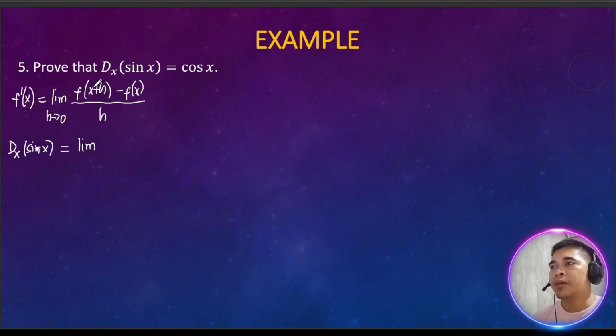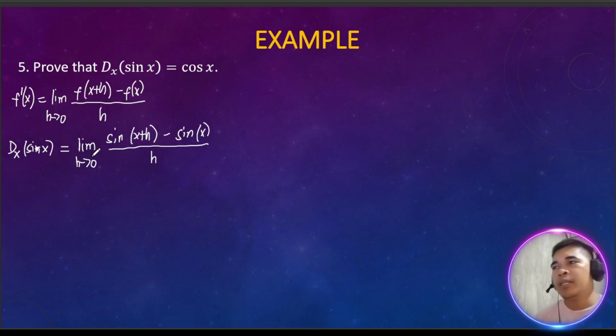We get x plus h. So we have sine of x plus h minus sine x over h as h approaches 0. Then applying the identities, we can apply the sine addition identity.